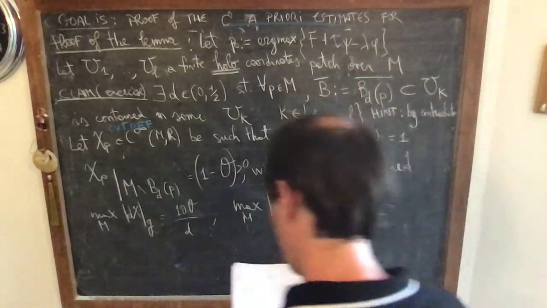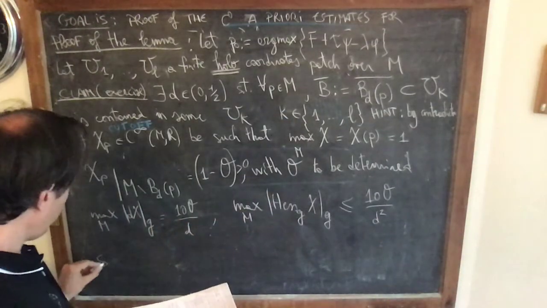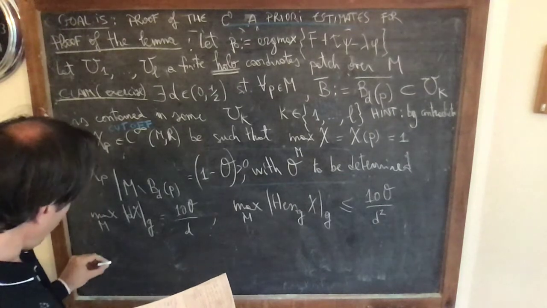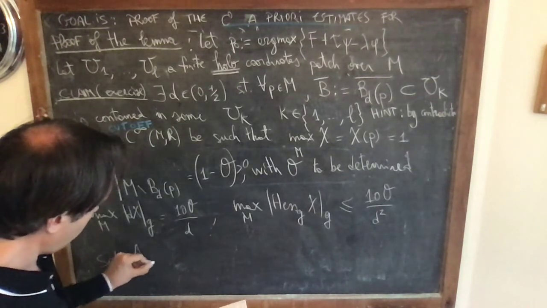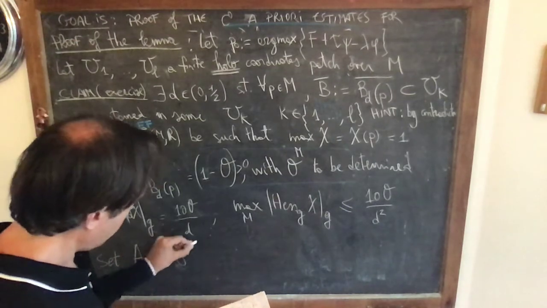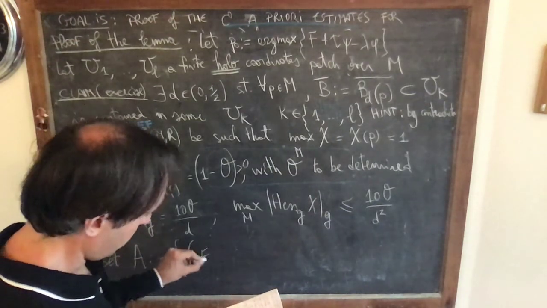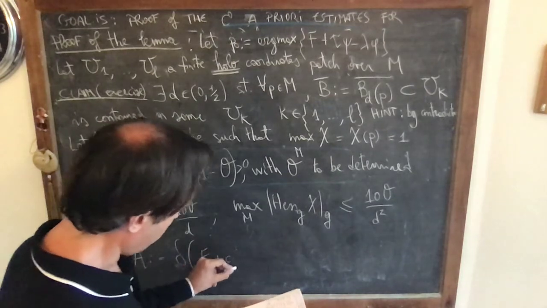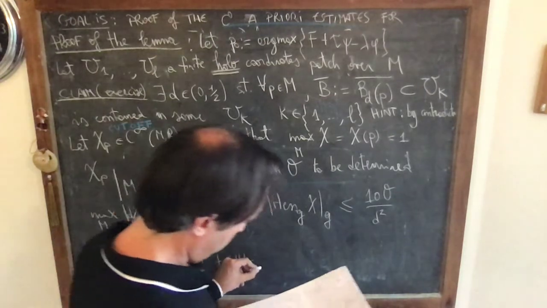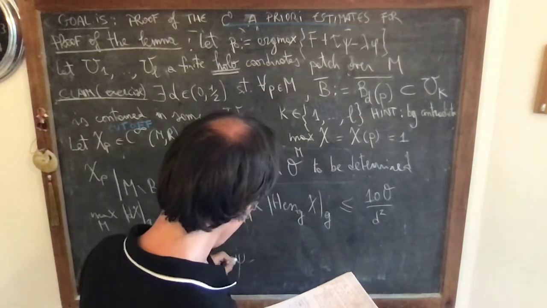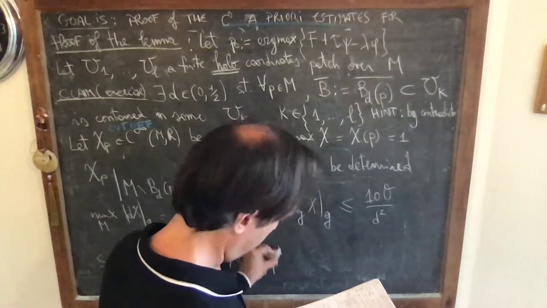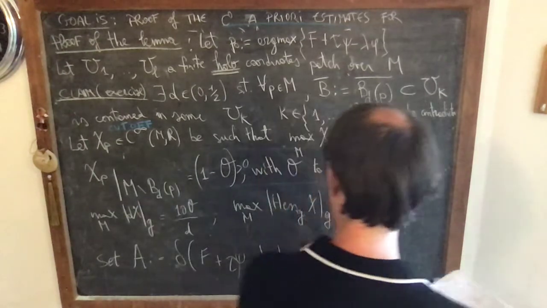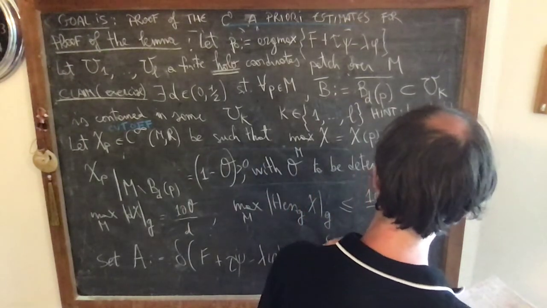Now we introduce an auxiliary function. Set capital A to be delta times the function in question in the statement, tau psi minus lambda phi, delta also to be determined.